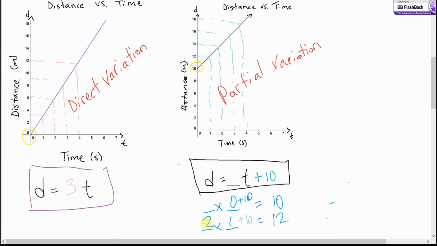Alright, so it looks like we have to have something times the time plus 10. 2 times the time plus 10. That looks like it's the equation. We should always check another point just to be sure though.